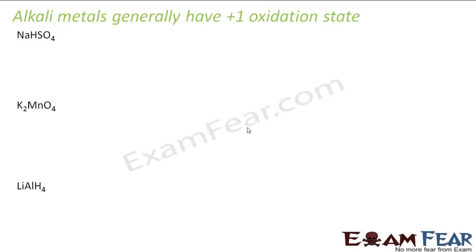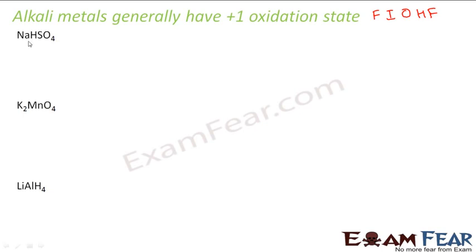And then I have other special rules which I'll use if I'm not able to solve the questions by the normal rules I have. So let's try to find the oxidation state for all the elements in NaHSO4. So we have the mnemonic rules.